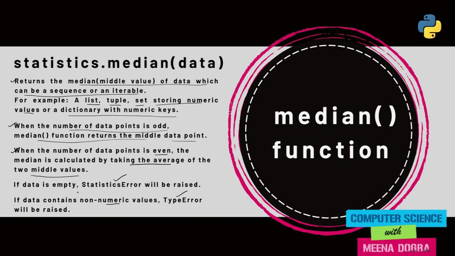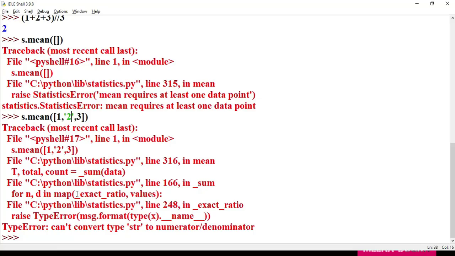But yes, do remember that if you are giving an unsorted list to it or an unsorted sequence to it, it is first going to sort it and then give you the median. So I'll show it to you right away. My statistics module is already there. Now I'll make a list over here.